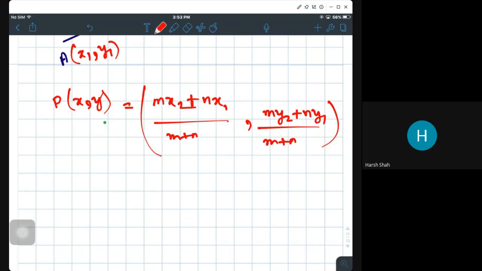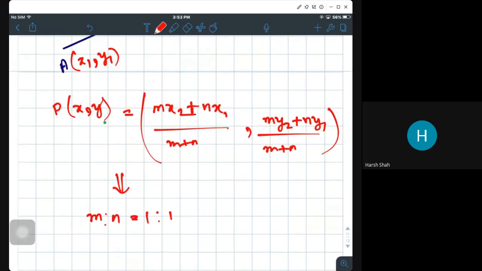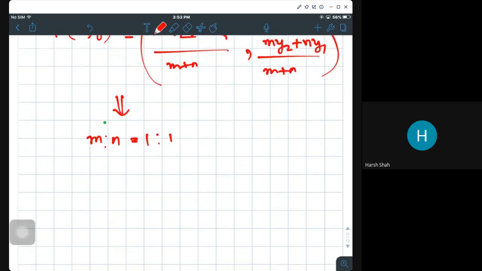If I specify that I want my line to be divided at the midpoint, I want m is to n to be 1 is to 1. What this means is I want my line to be divided such that both paths are equal.